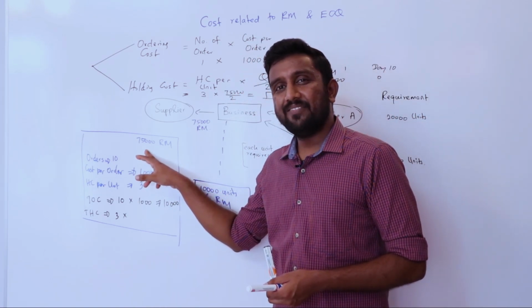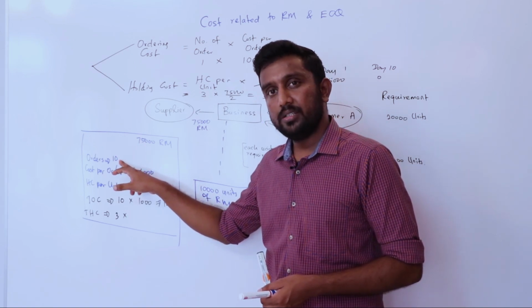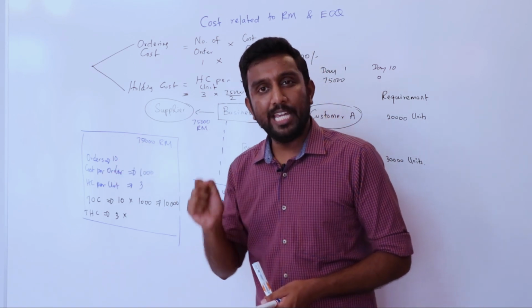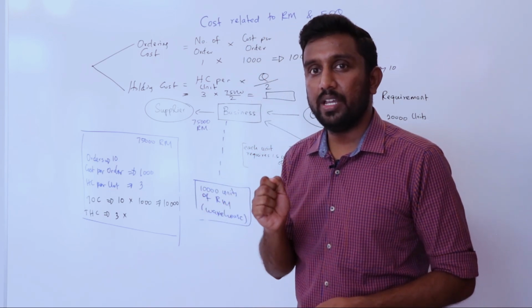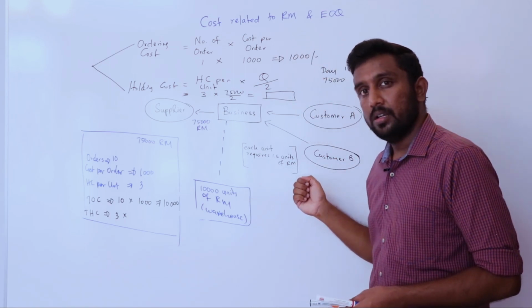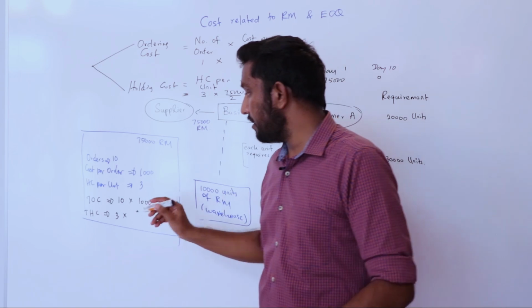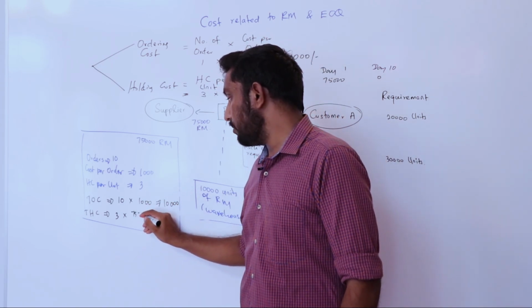My requirement is 75,000 raw material and I have to make 10 orders. So each slot or each order will have 7,500, which is the reorder quantity. So 7,500 divided by 2.